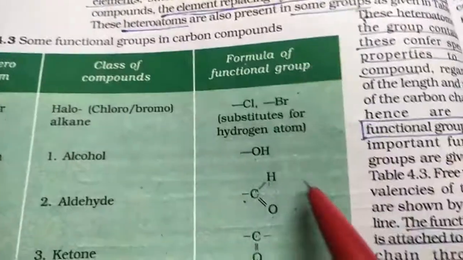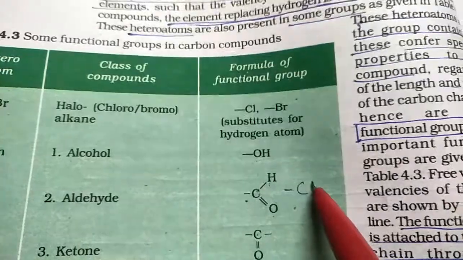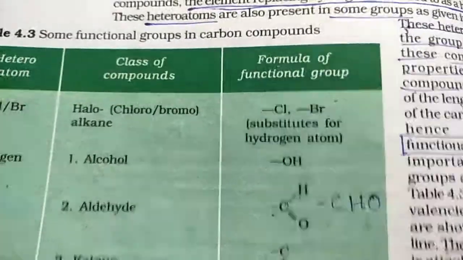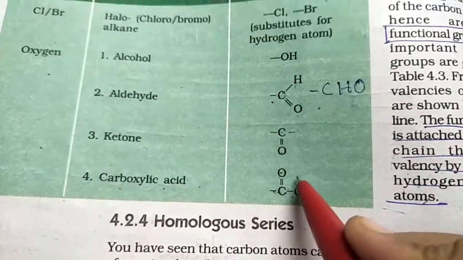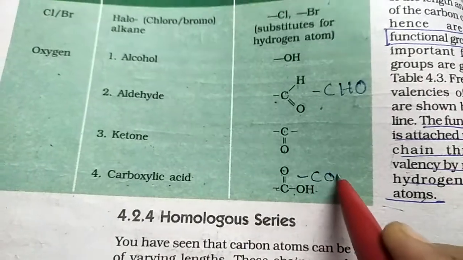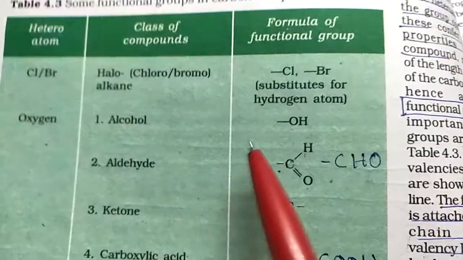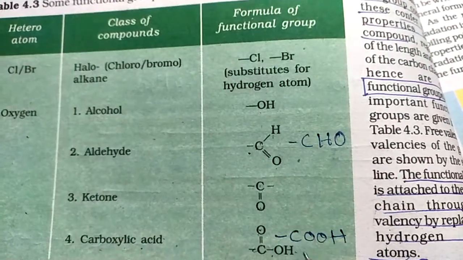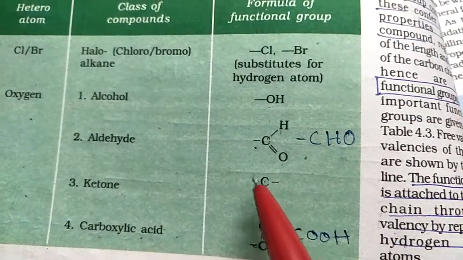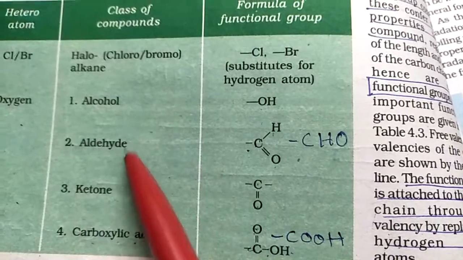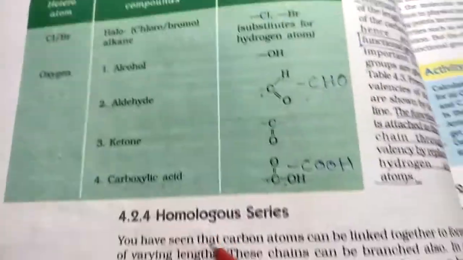So for aldehyde you can also write it as CHO, and for carboxylic acid you can also write it as COOH. Okay, so these are the heteroatoms which are replacing H, and you get an alcohol, aldehyde, ketone and carboxylic acid.